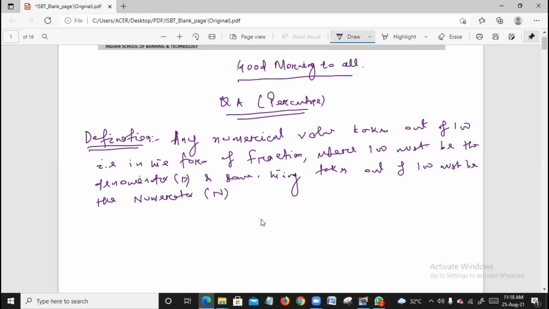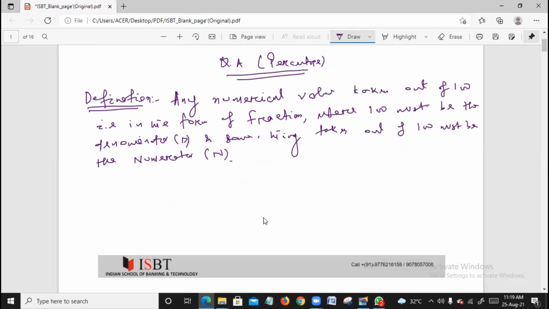So anything taken out of 100 is called percent.